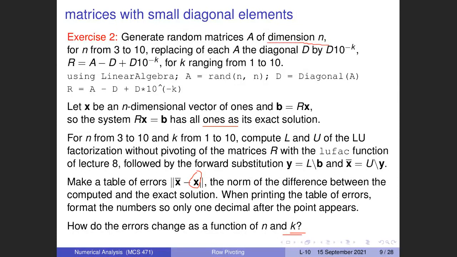So this is with the lufac without the pivoting. This exercise is also an exercise to motivate the row pivoting, but does this in a more systematic way rather than what we did with the first example, with the small epsilon.